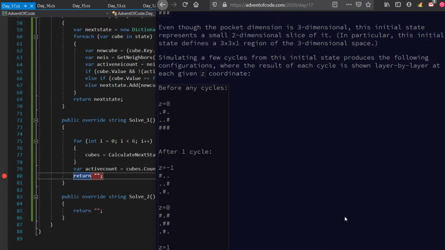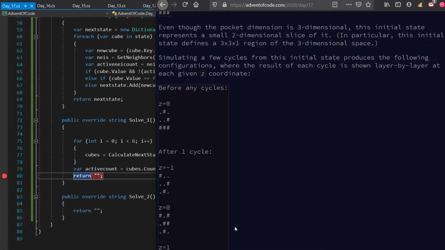Now, what would have to be true to turn this to active? As we look at it now, it has 1, 2, 3 neighbors. This guy, and this guy.